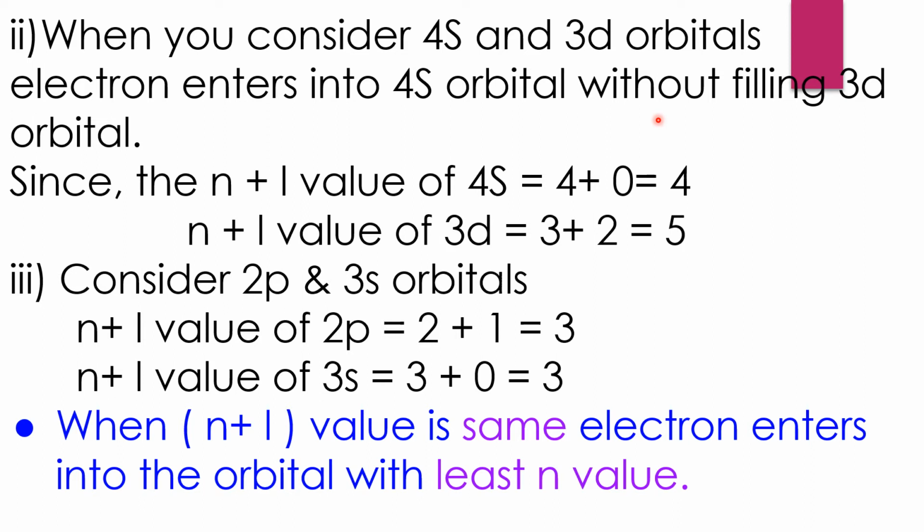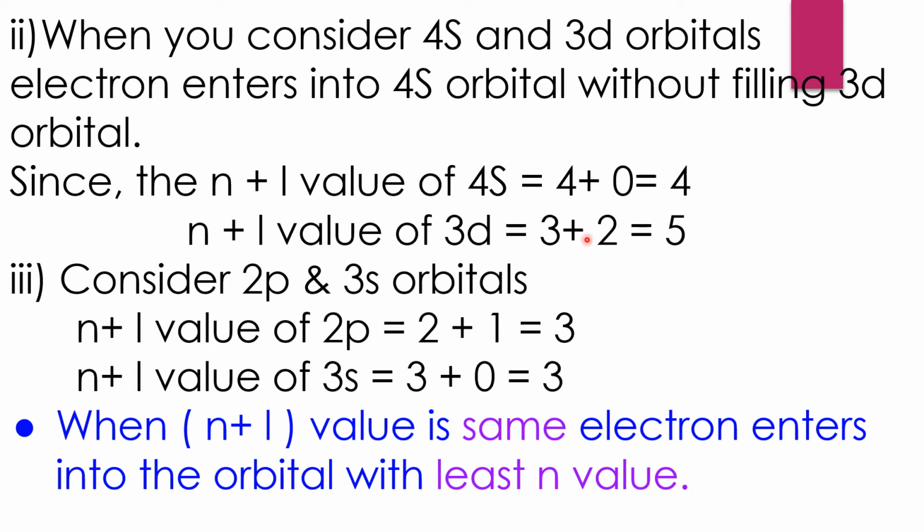So here, when the n plus L value of these two orbitals are taken, it was observed that the n plus L value of 4s is equal to 4 plus 0, which is equal to 4. And the n plus L value of 3d is equal to 3 plus 2, which is equal to 5.